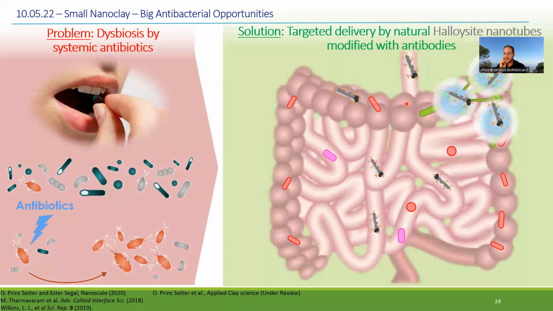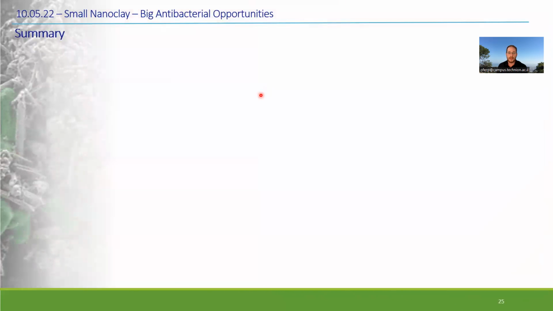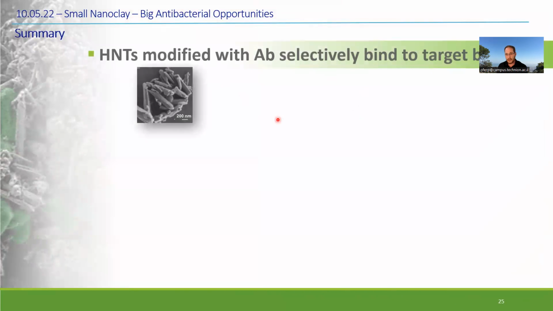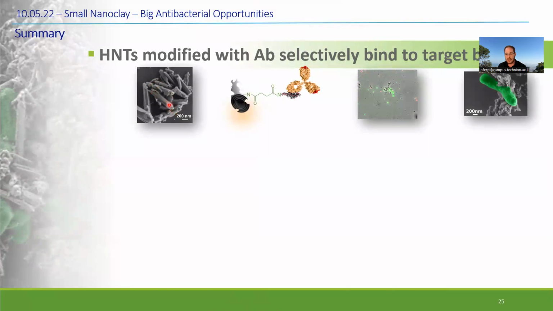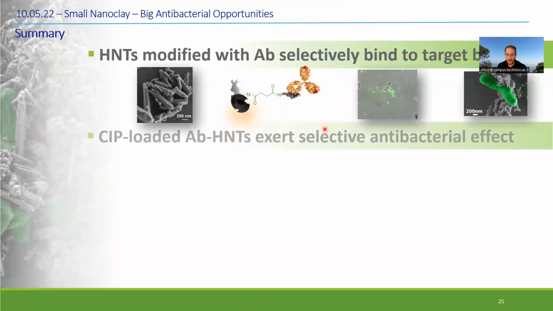And with this optimistic tone, I would like to summarize this talk and remind you that natural Halloysite nanotubes are natural nanoclays mined from the earth that could be used as carriers of pharmaceuticals. In this example, we modified them with antibodies and realized selective binding to target bacteria.